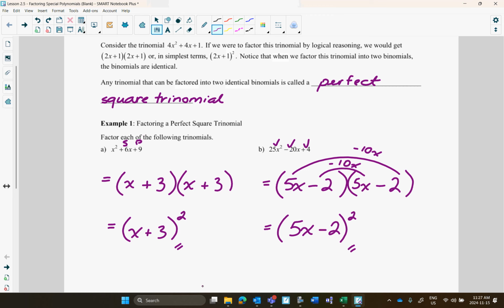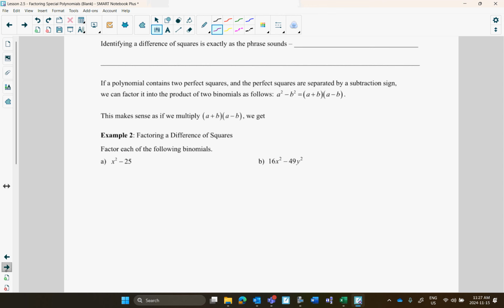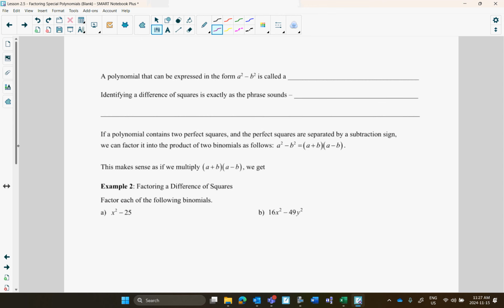Okay, let's look at the final type of factoring. This type of factoring is called a difference of squares. And how do you recognize a difference of squares?